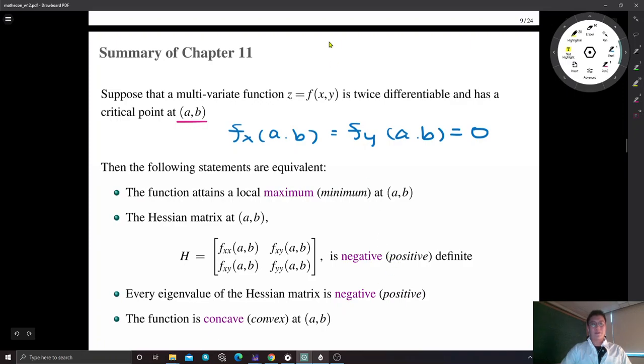Likewise, if the function attains a local minimum at this critical point, then the Hessian matrix evaluated at (a, b) should be positive definite. Equivalently, all eigenvalues of this Hessian matrix are positive. Or equivalently, the function is convex at point (a, b).